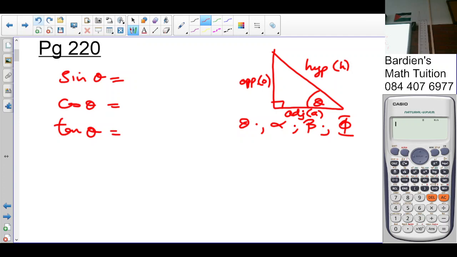So sine of theta, sine is opposite over hypotenuse. Cos is adjacent over hypotenuse, and tan is opposite over adjacent. Many of you remember SOHCAHTOA, no problem. I remember it as Oliver has a hat of apples. In that order, we always write sine cos tan, and that's the order on your calculator as well.